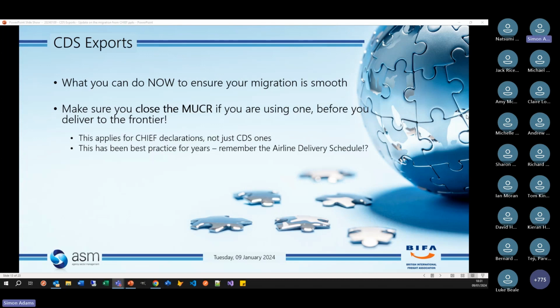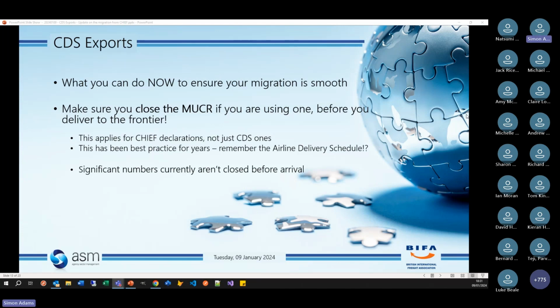So that has been best practice for years. There are still significant numbers currently of muckers that aren't closed before the goods arrive at the frontier. It's in the thousands per year, although that number has reduced reasonably significantly.